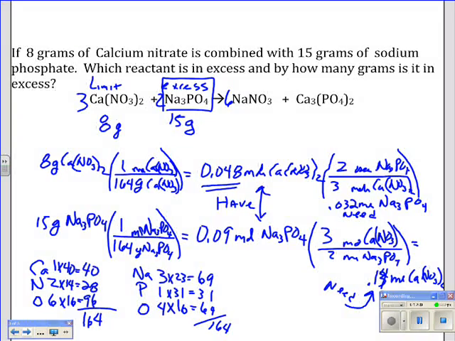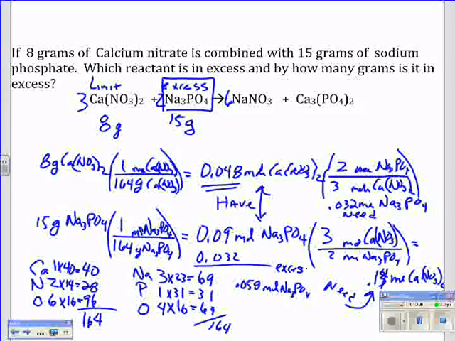I obviously have more than that. So if I take 0.09 and subtract 0.032, that means that I have 0.09 minus 0.032, I have 0.058 moles of Na3PO4 in excess. That's how much more I have than I need.